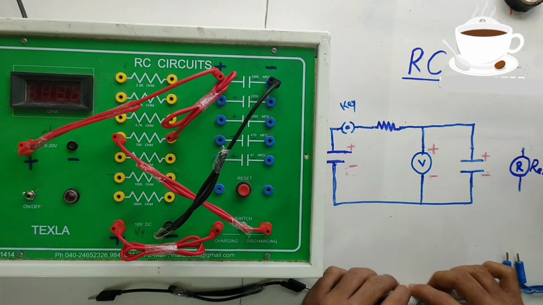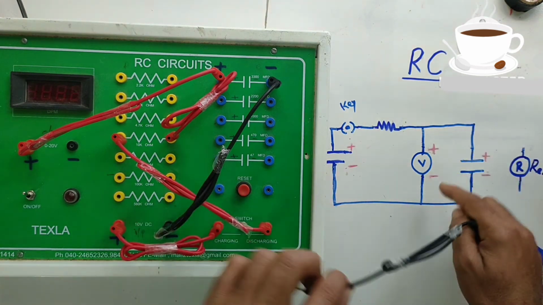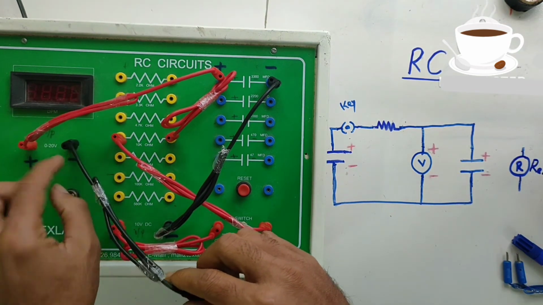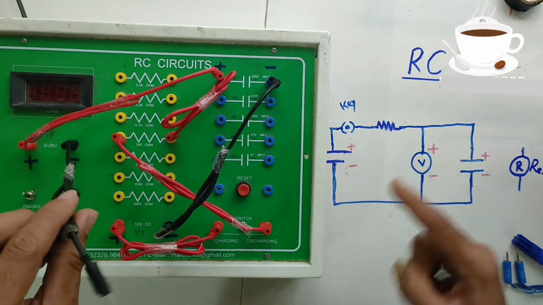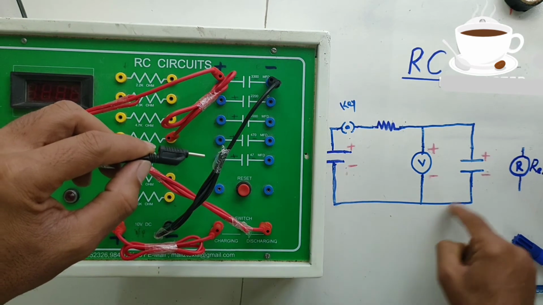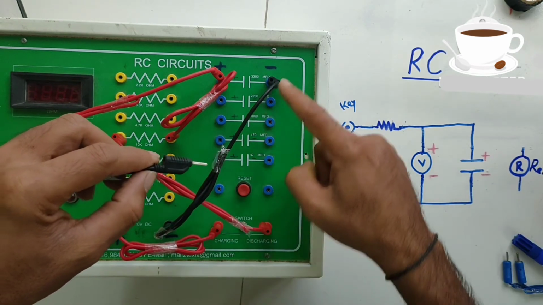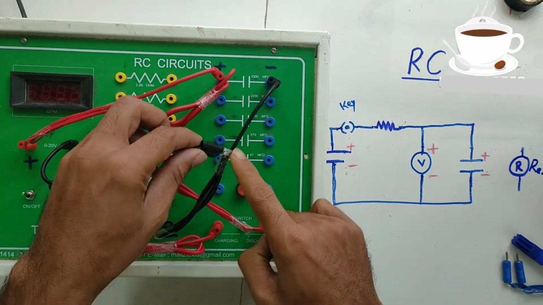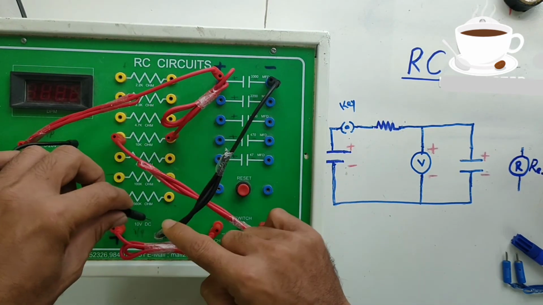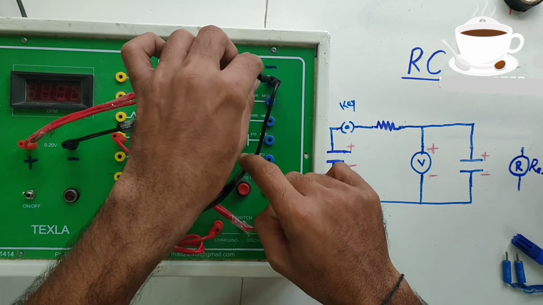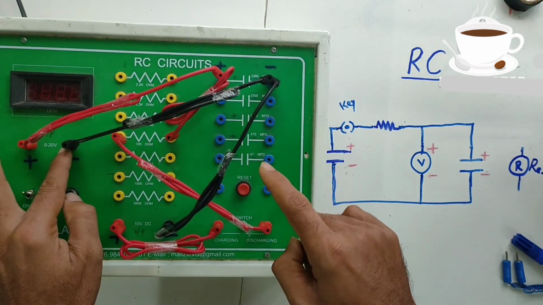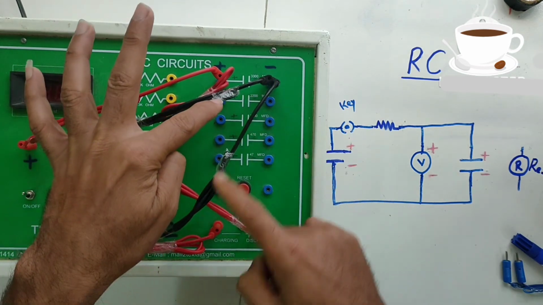I am using one wire instead of this line, from the voltmeter negative to where the battery and capacitor touch. In between you can connect either here or here. You can connect anywhere, but I connect here. See now, from the voltmeter I connect in that between line.